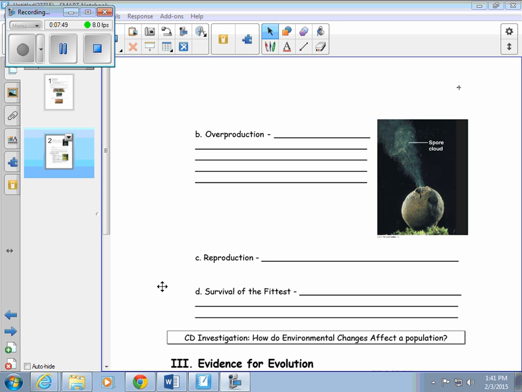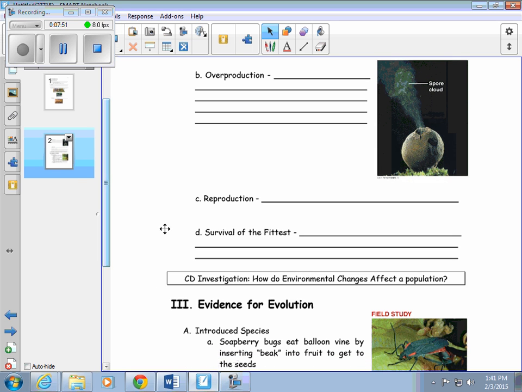The last component of Darwin's theory of natural selection is the idea of survival of the fittest. Now, survival of the fittest does not mean the fastest, smartest, biggest organism in the environment. It means that these are the only individuals with the best adaptations for their environment, and those are the ones that are going to survive.